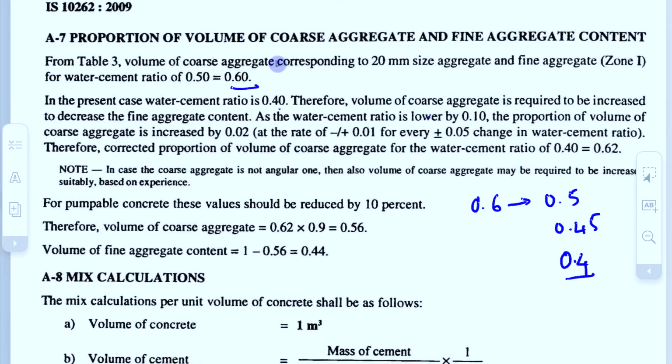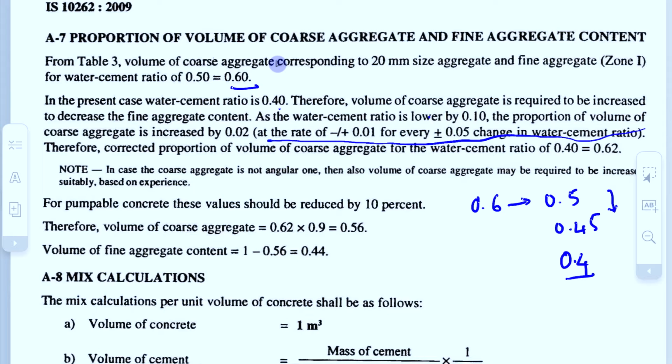For example, if you have a 0.45 water cement ratio, that means a reduction of 0.05. If you reduce the water cement ratio by 0.05, you have to increase the volume of coarse aggregate by 0.01.